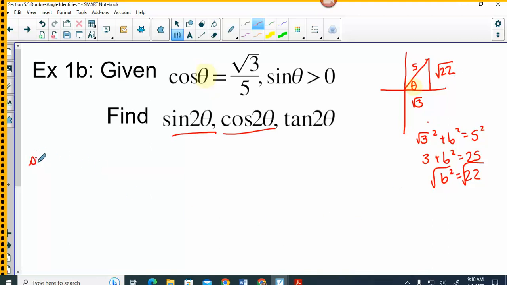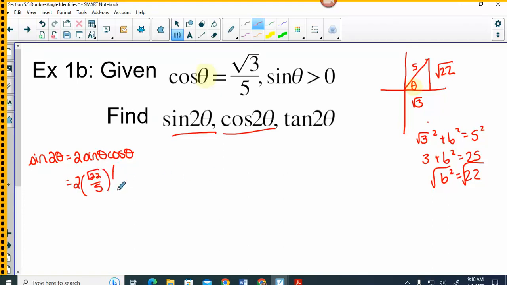So sine 2 theta. We only have one formula choice. 2 sine theta, cosine theta. So sine, if I use my triangle, opposite over hypotenuse is radical 22 over 5. Cosine, adjacent over hypotenuse, radical 3 over 5.